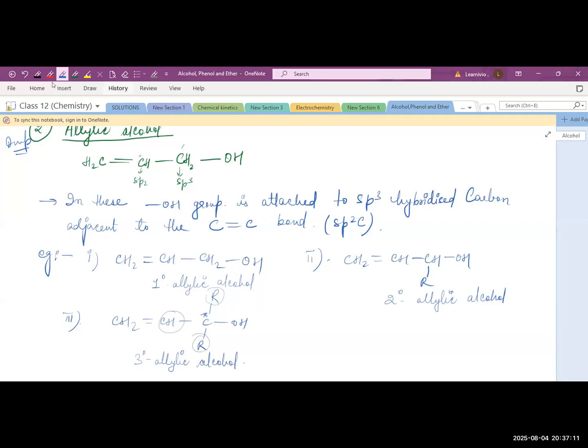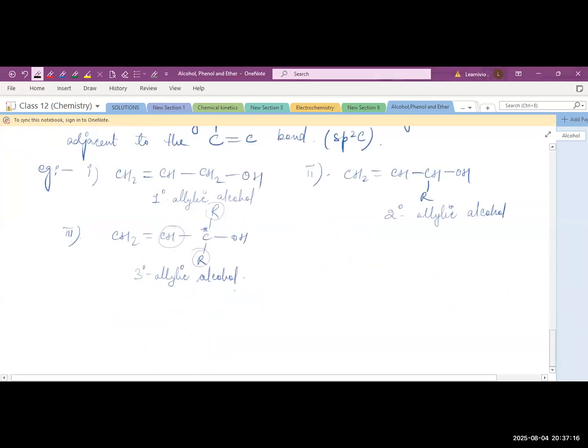Now the third one is your benzylic alcohol.